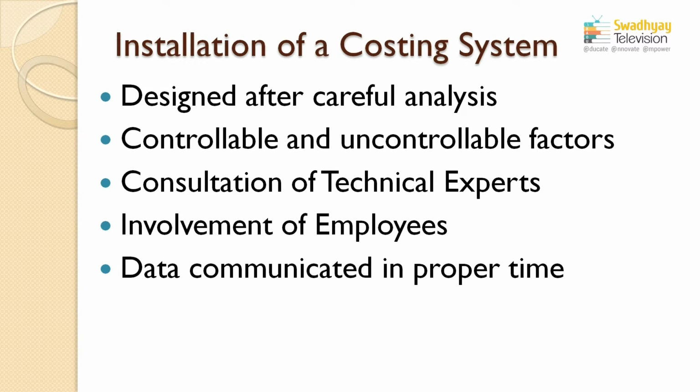Now the second point is controllable and uncontrollable factors. The controllable and uncontrollable factors are identified because cost accounting could not be identified on the basis of such a process alone. So here the particular manufacturing company has a system by which they can identify their job work, their process work, their unit work.